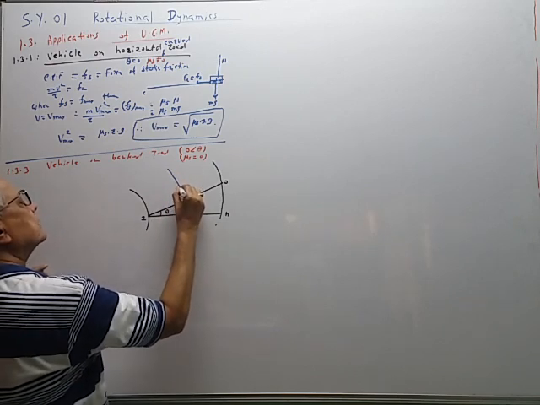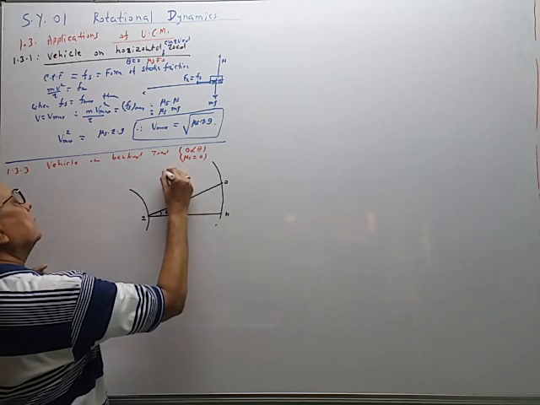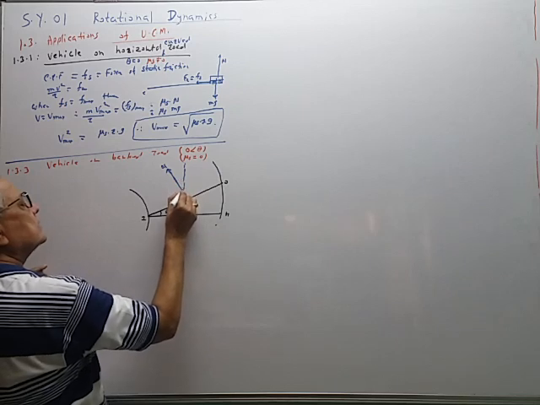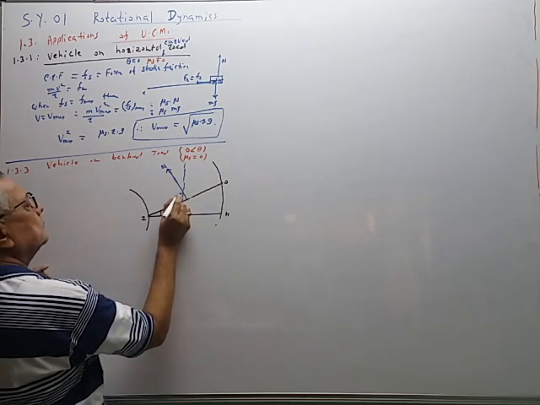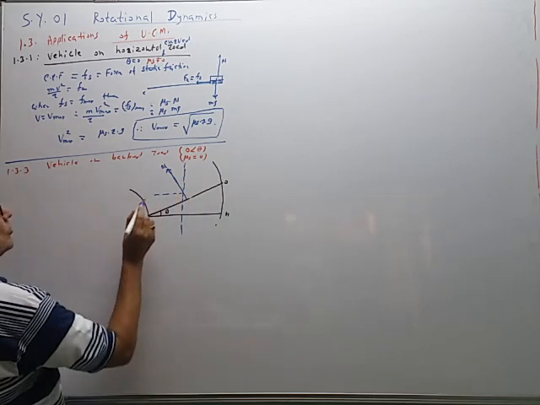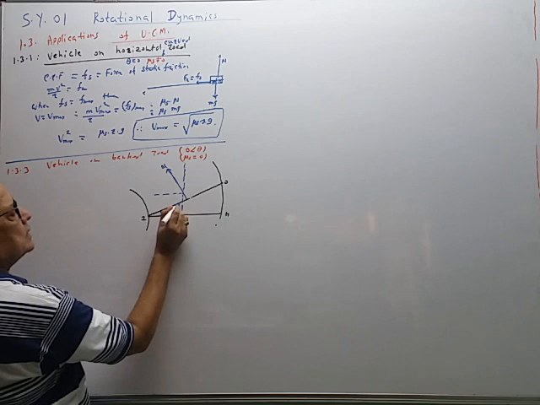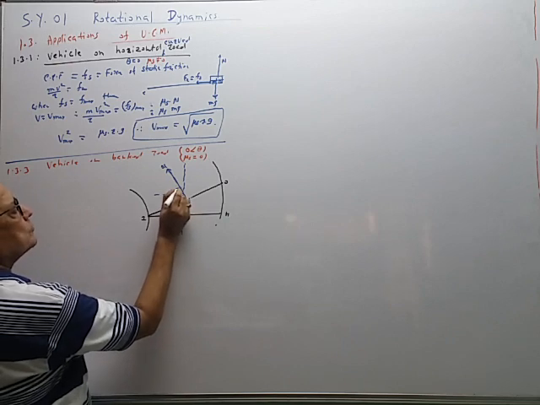So this is the normal reaction vector N. Now if we draw x and y axis like this, then by geometry we have proved that if this is theta, this is also theta, this is 90 minus theta, and this is theta, therefore this is also theta.